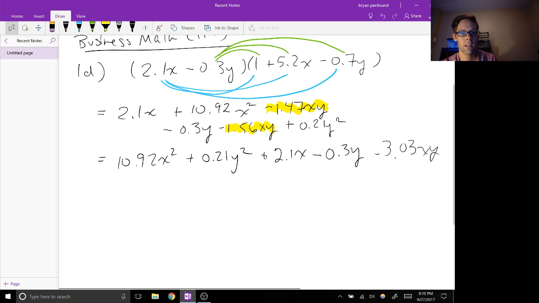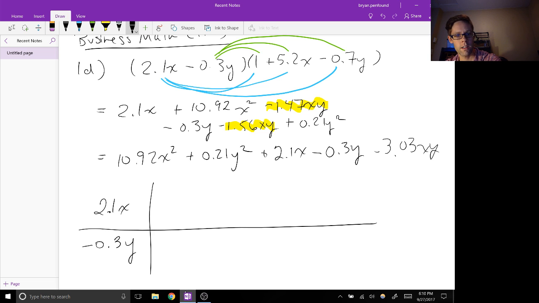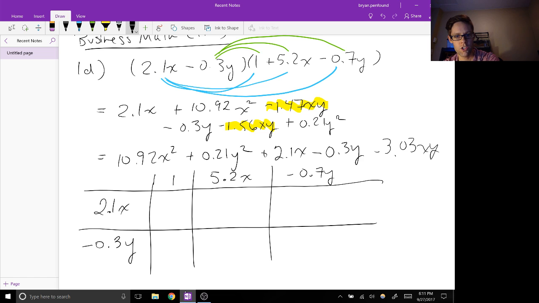If you find this to be a little bit confusing and it's not super easy to follow, you could always try a lattice method as well. So we saw in class that we could take each one of these terms and write it out in a lattice kind of way. So I have a 1, a 5.2x, and a negative 0.7y. Each empty box in the lattice method represents a multiplication of two terms.